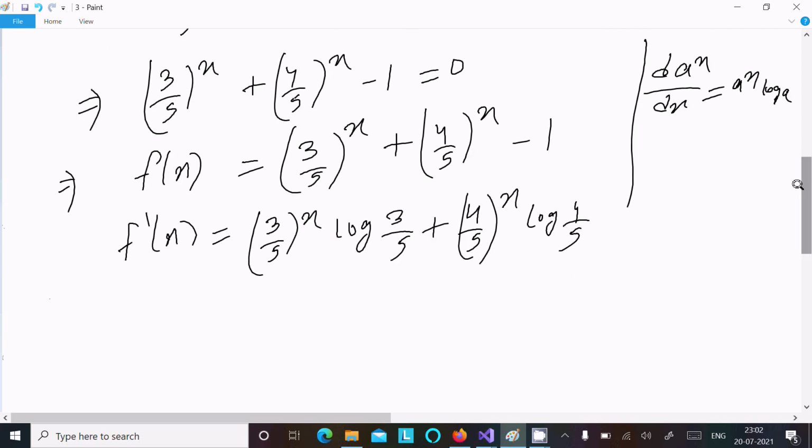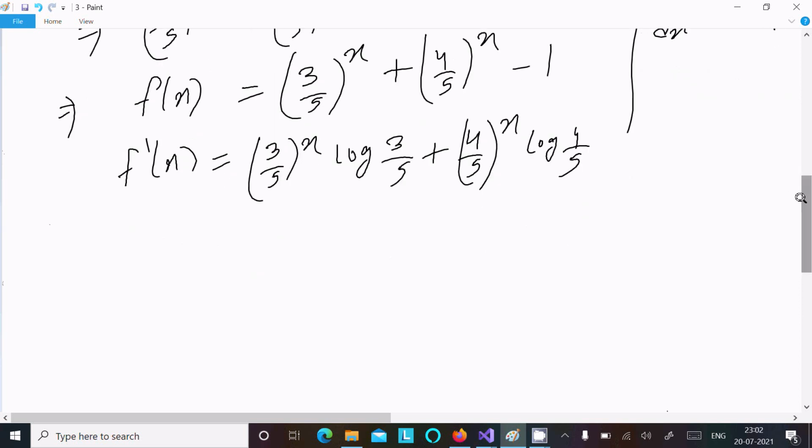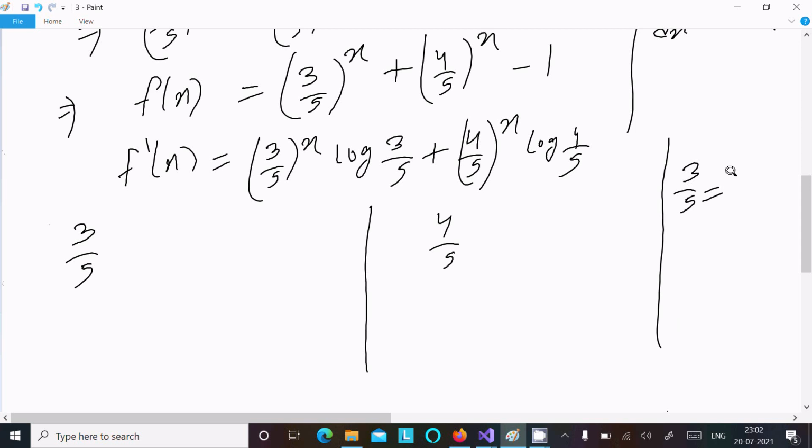Now after that let's take 3 by 5 on this side and 4 by 5. So 3 by 5 is equal to 0.6, which is greater than 0 but less than 1.